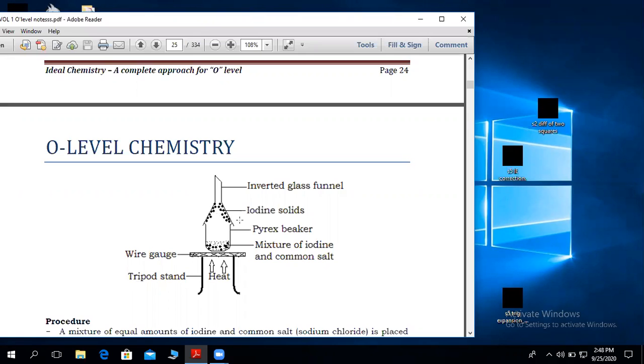It is collected because sublimation, it is change from solid to gas. So iodine is collected here as a gas, but when it reaches the part which is cooler, it will again solidify and change to solid, and it is collected there.